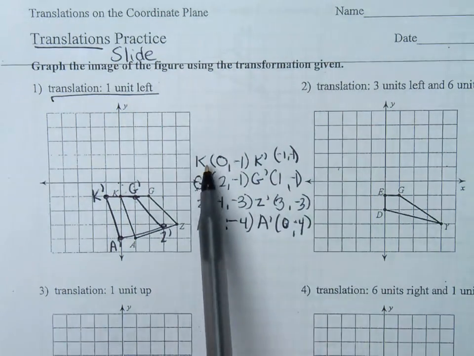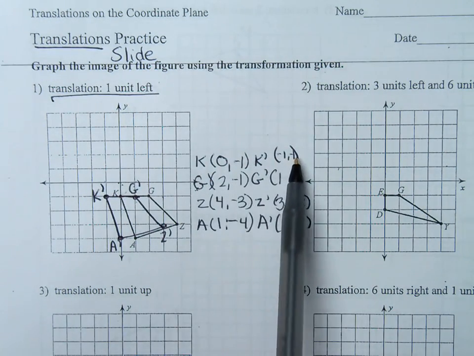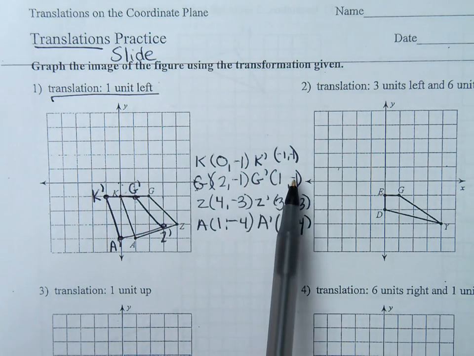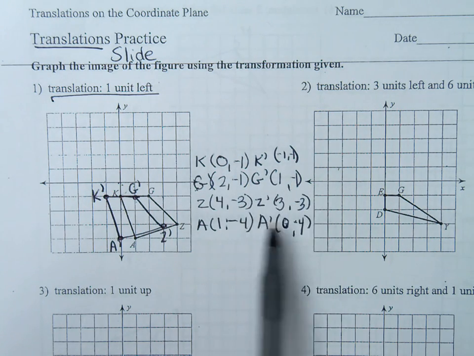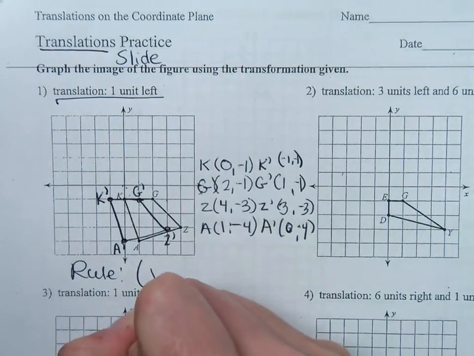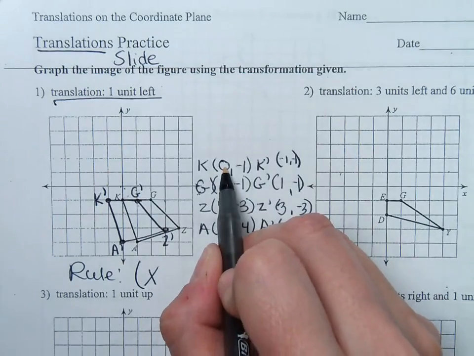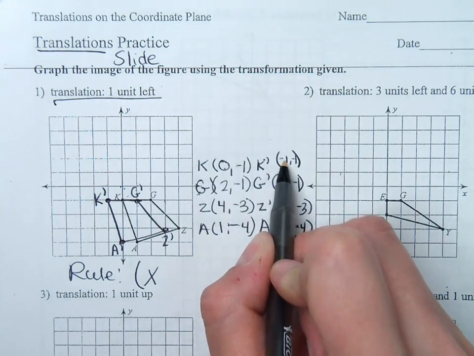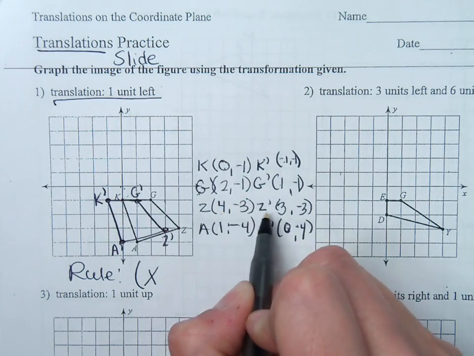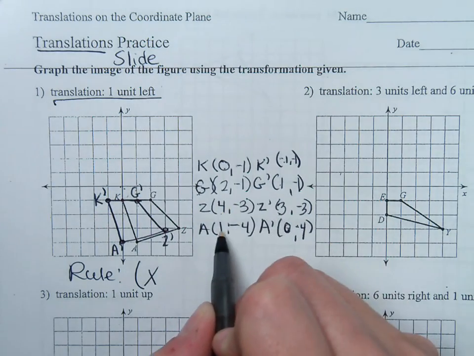So if we look at our points, we have 0 to -1 and -1 to -1. So if we look at this, my y coordinates are staying the same as we go through this. So when we write our rule, x is being affected. As we go from 0 to -1, we're subtracting 1. 2 to 1 is subtracting 1. 4 to 3 is subtracting 1.